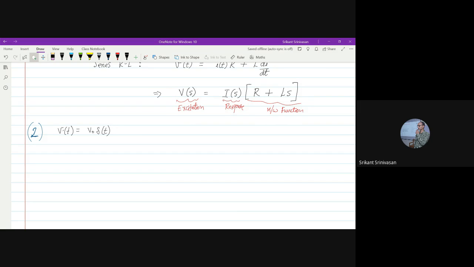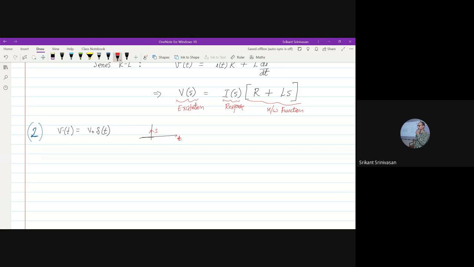My signal right now is a delta, an impulse function. Impulse function means it is valid only at t equal to 0. It's a unit impulse function and its magnitude is equal to 1.